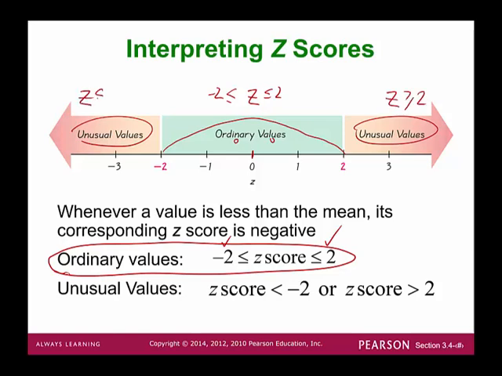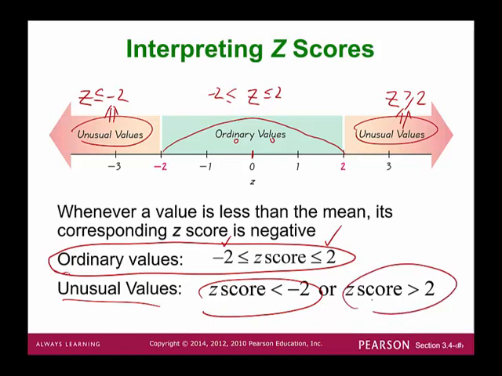Anything beyond that range becomes unusual values. Unusual values occur when Z-score is less than -2 or Z-score is greater than 2.